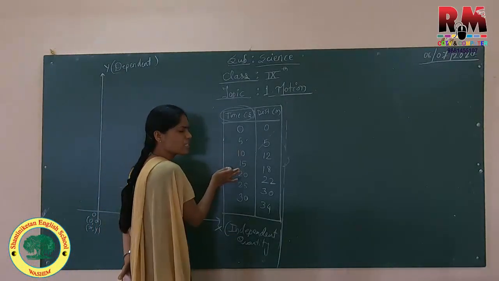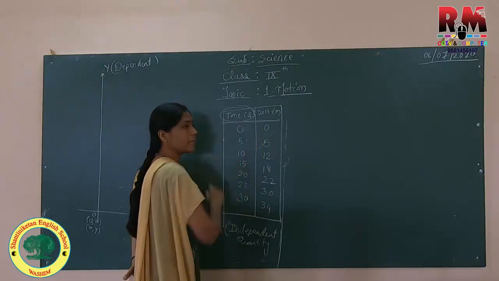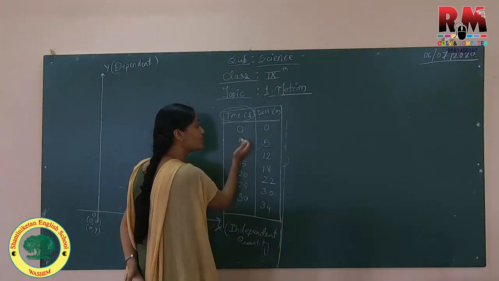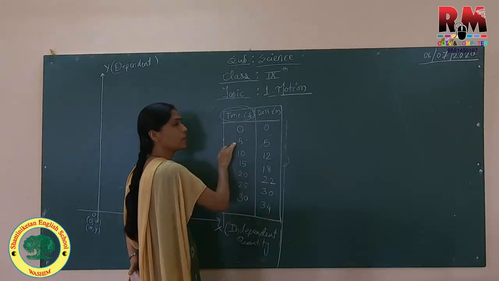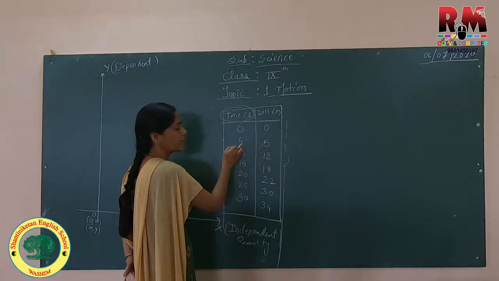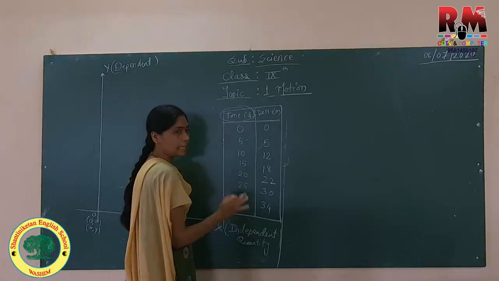This interval is fixed. It is independent. But distance depends here on time, meaning at what time we are measuring the distance. After 5 seconds, I can change it to 10 seconds, or I can change it to 1 second. So time is independent.